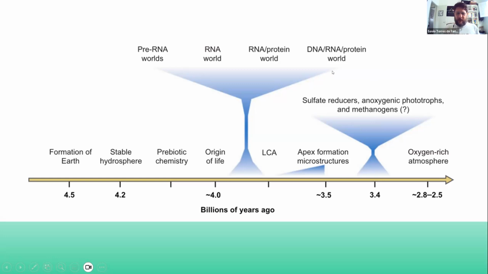And as you can see in this picture, all of these events occurred before the emergence of the last common ancestor. Okay, the last common ancestor is here, and all these transitions are in a step before the emergence of cells.